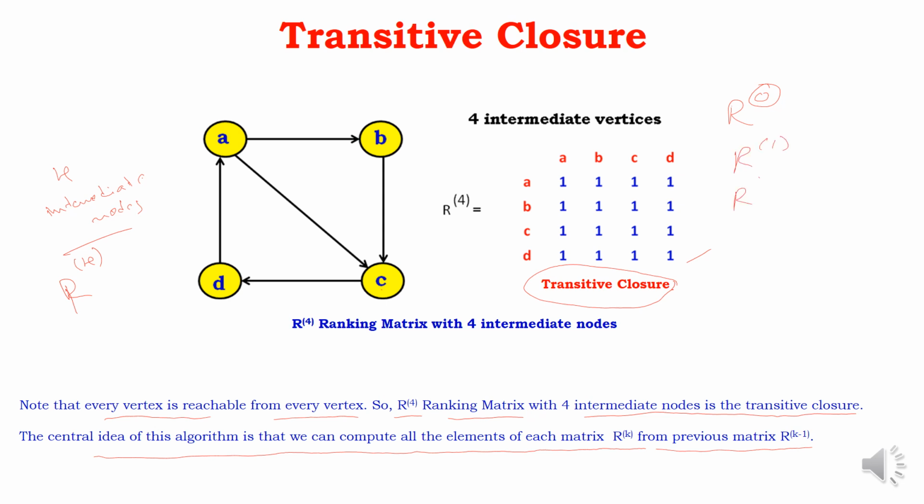Then we find R2, ranking matrix 2. Then R3. Then R4. In this particular graph there are 4 vertices. Suppose there are n vertices, you may extend this up to ranking matrix n, where Rn will be your transitive closure.